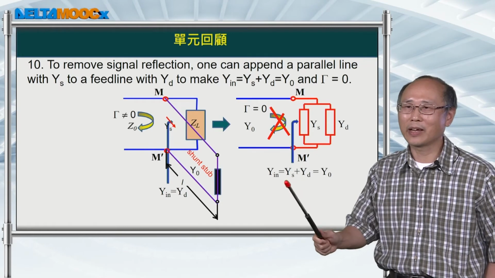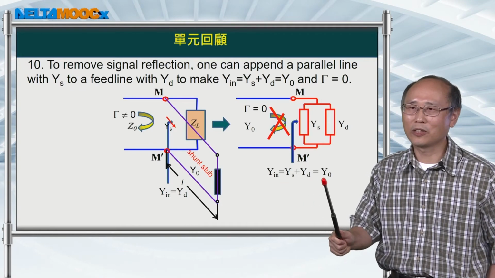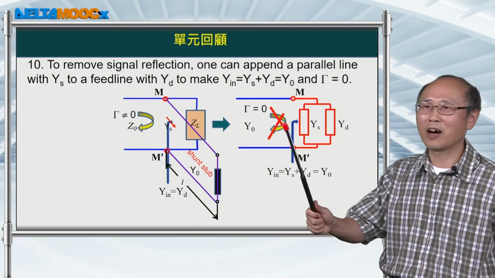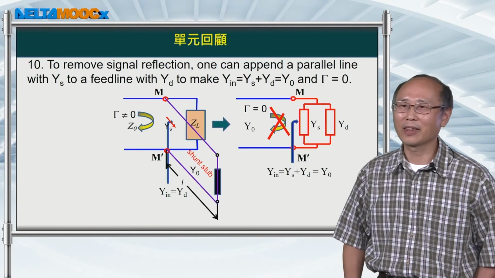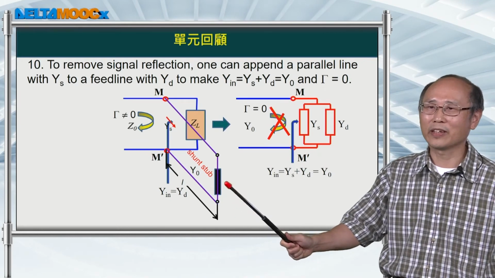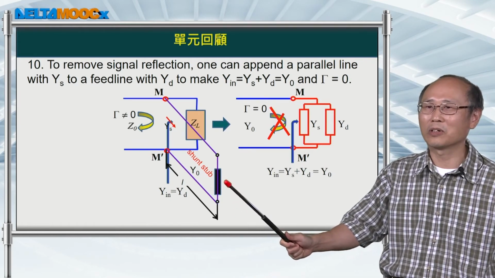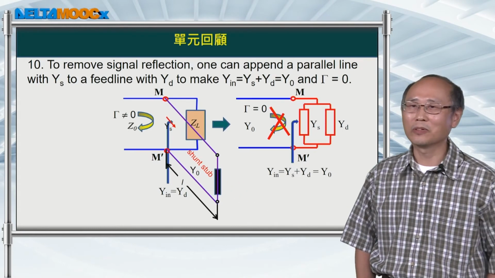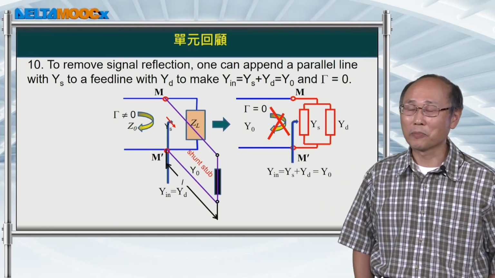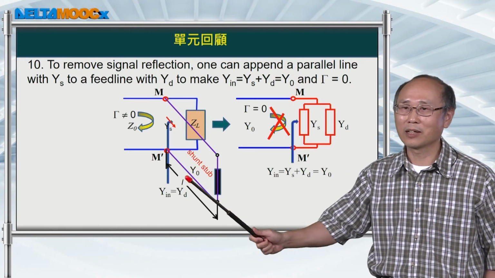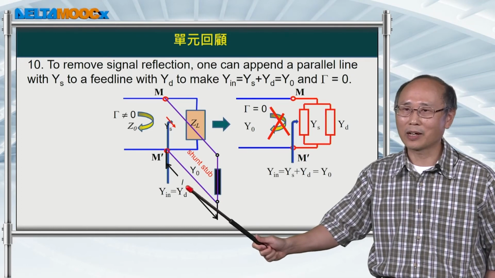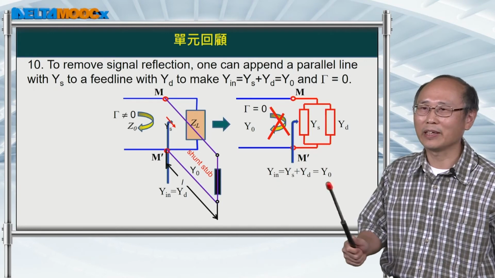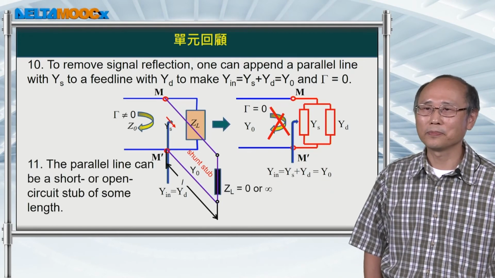Then you end up having the total admittance equal to the characteristic admittance, and you can cancel out this reflection. It is most convenient to use a short circuit line or an open circuit line, because either line can provide you any value of admittance or impedance, provided that you properly decide this length so that you accomplish y in equal to y0.